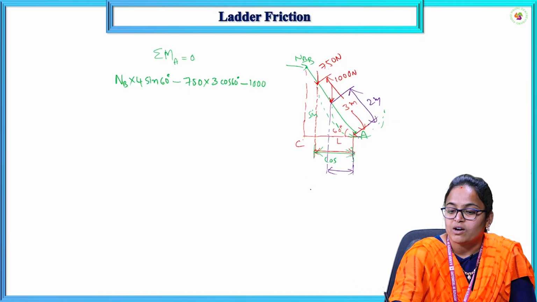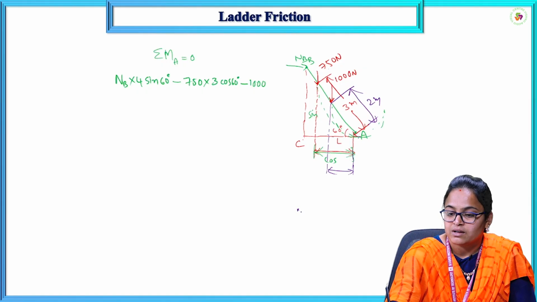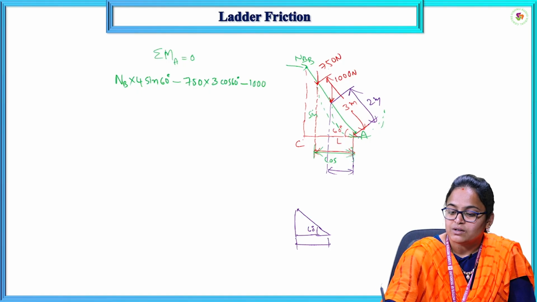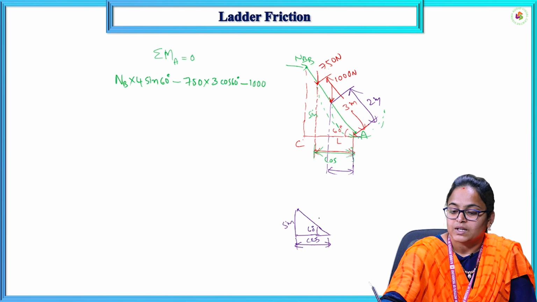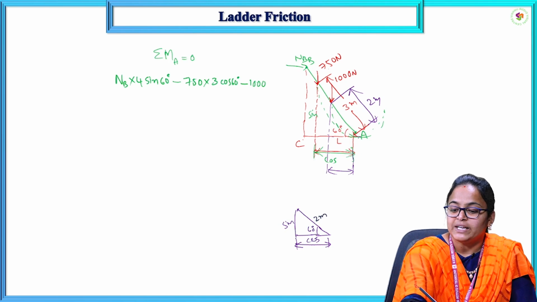In this small triangle, this is 60 degrees, this is opposite, this is adjacent. By taking the adjacent side, we'll get the perpendicular distance here. This is the 2 meters distance.